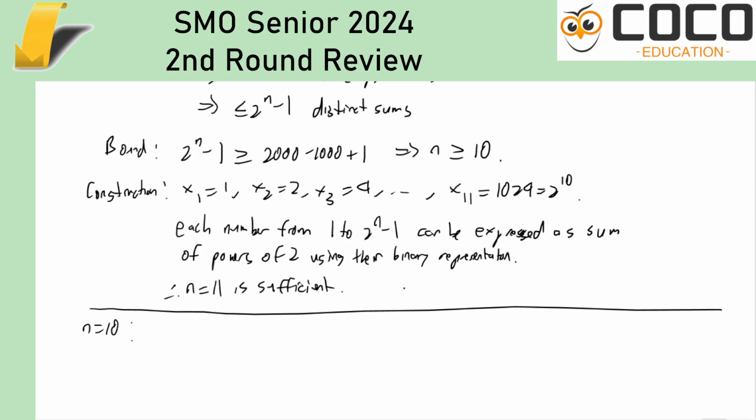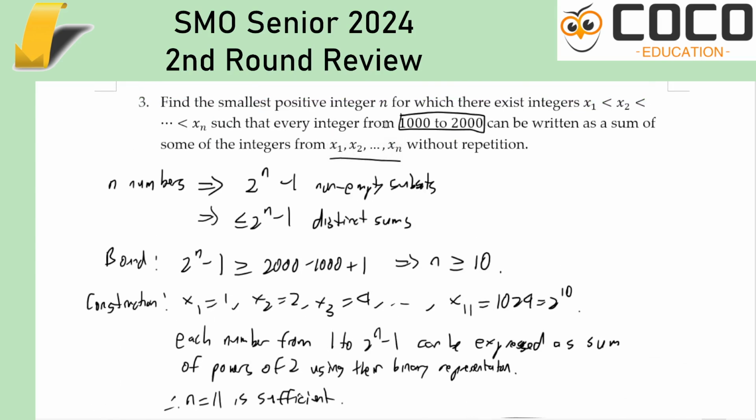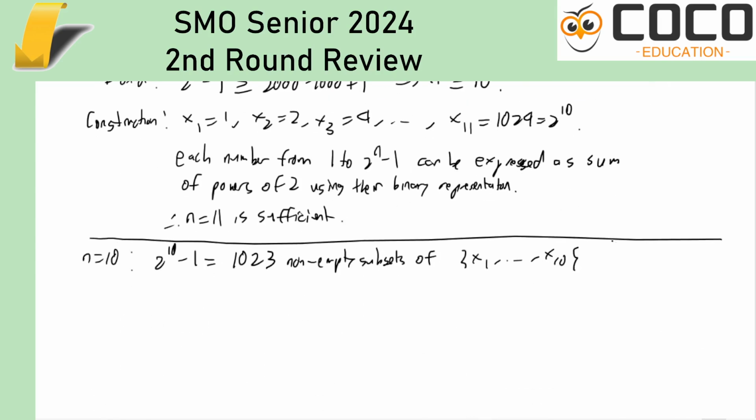Now we know that with n equals to 10, we are actually going to have 2 to the n minus 1, which is 1023 non-empty subsets. So I want to be able to get to everything from 1000 to 2000, which means that I have got 1001 values to try to hit using 1023 numbers.